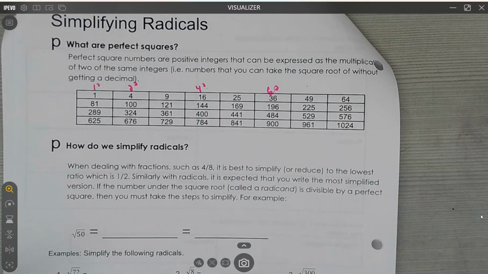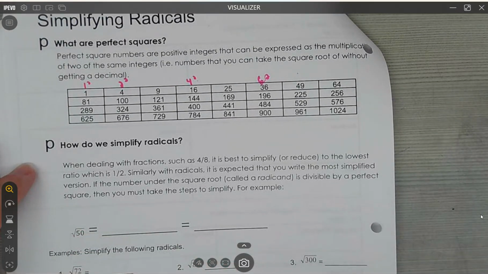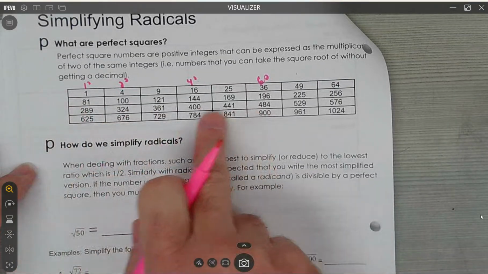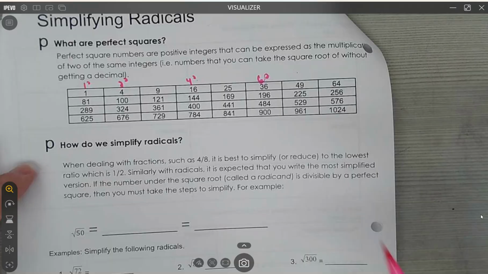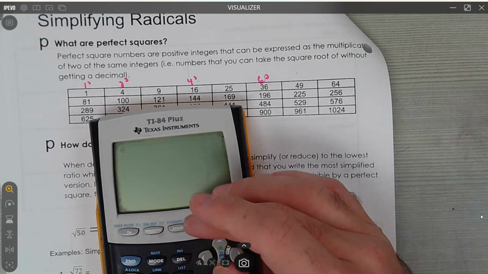So what I want to do in order to simplify it is look at the number. For example, I'm looking at the square root of 50, and I want to figure out which of these numbers is the largest perfect square that goes into it. Let me show you a couple things that you can do on your calculator.